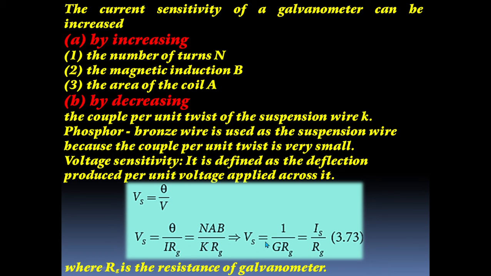So Vs is equal to 1 by G into Rg, where NAB divided by K is nothing but 1 by G. Since 1 by G is nothing but Is, Vs is equal to Is divided by Rg, from Ohm's law V is equal to I R. Here Rg is the resistance of the galvanometer.